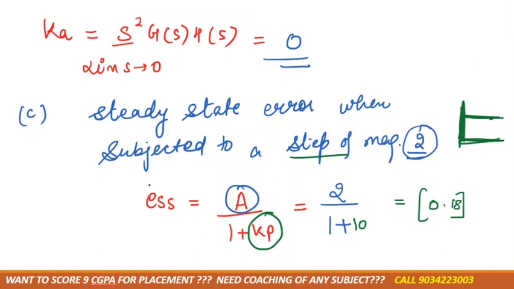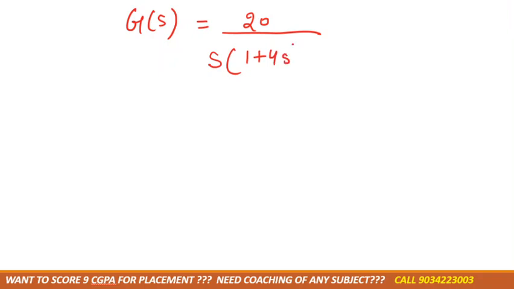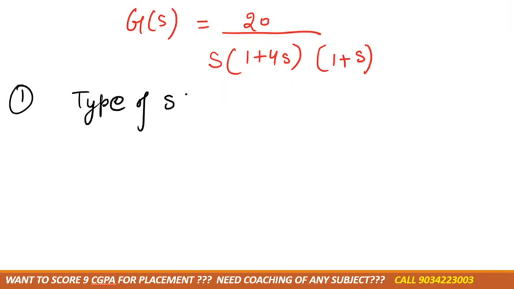Okay, now I'll give you one more, try to do it. Like in this, G of s is equal to 20 divided by s (1 plus 4s) (1 plus s), right. And in this case also find the type of system, and you need to find the static error coefficient, that is again Kp.